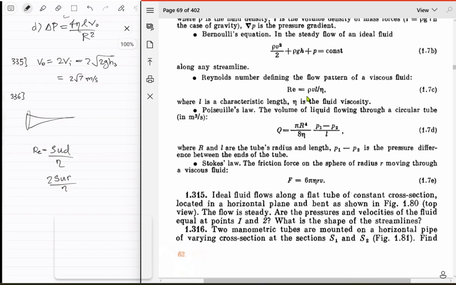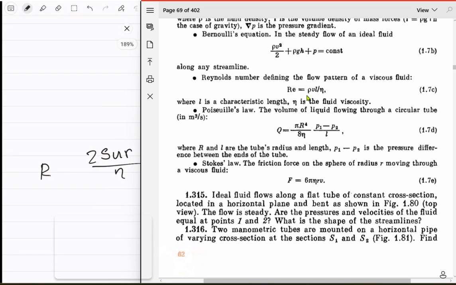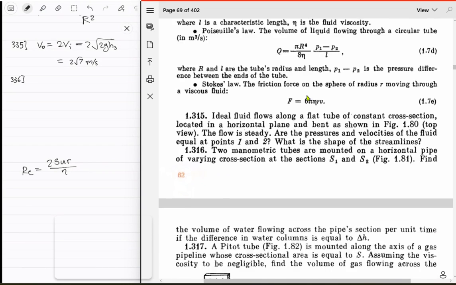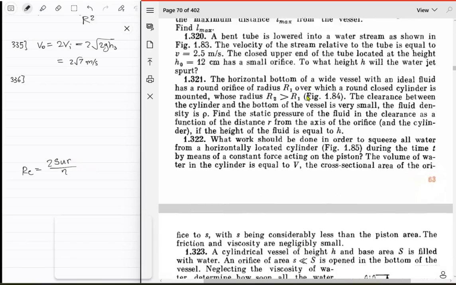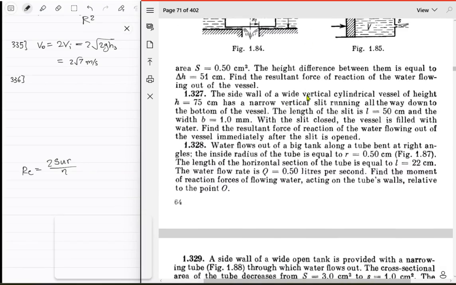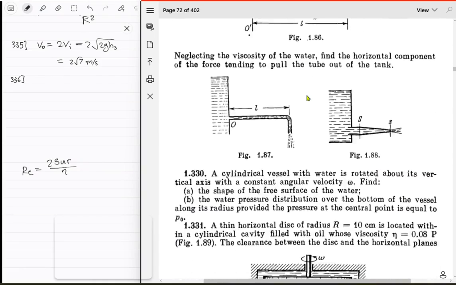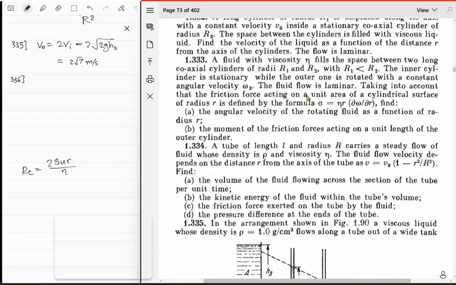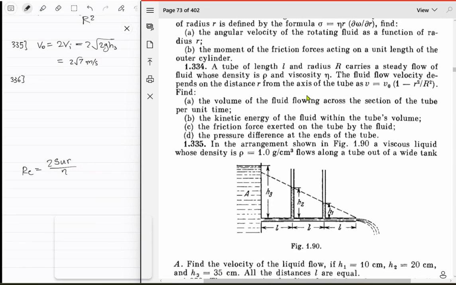I think that's better. So that's the Reynolds number. Okay, awesome. Wait, when we say u, what do you mean by the velocity value? Which velocity value? Because we're talking about viscous fluids. I think the middle velocity, right? What else could it even be? Okay, 336.